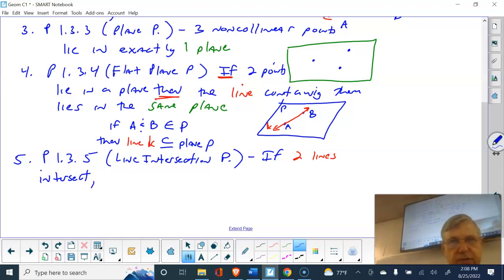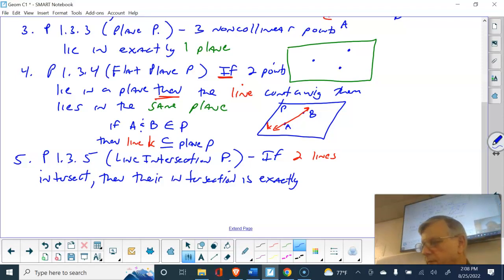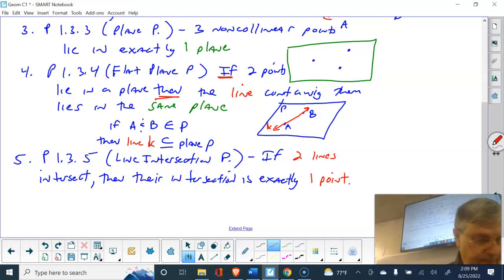If two lines intersect, then their intersection is exactly, and the way it finishes is one point.